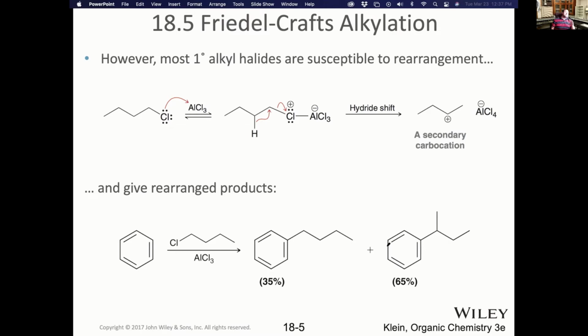And the reason why is because if you think back to our discussions about electrophiles, particularly carbocations back in OChem 1, carbocations are typically susceptible to carbocation rearrangement.